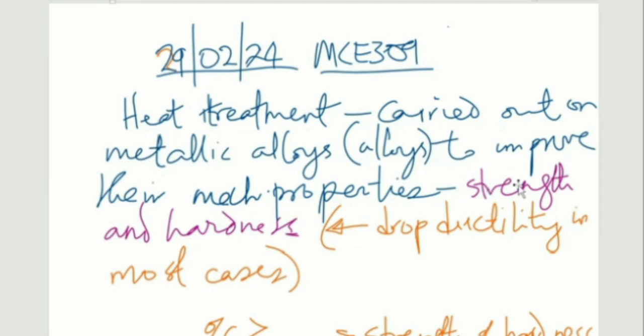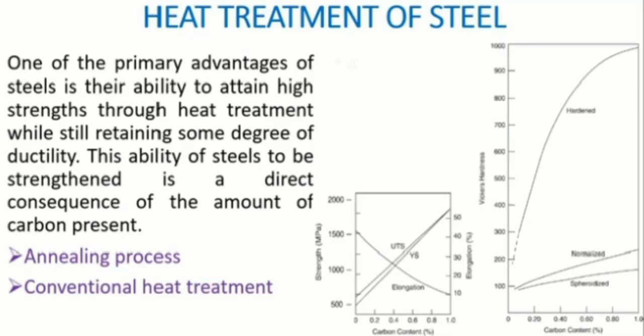Basically, these mechanical properties are strength and hardness. And this is in the case of conventional heat treatment. So this one here, where my mouse head is, is the conventional heat treatment, which significantly inflates the hardness. While the first one here, the annealing process, is these two.